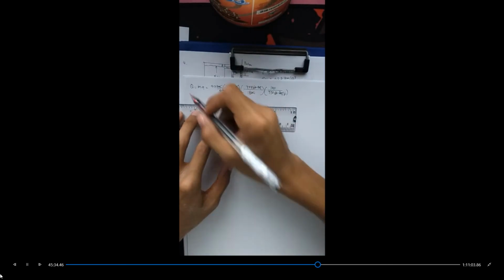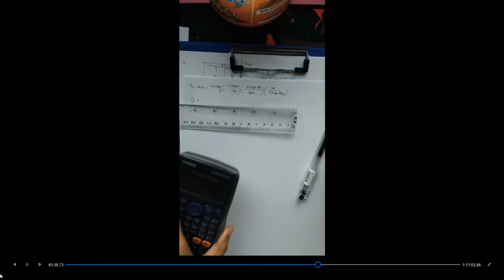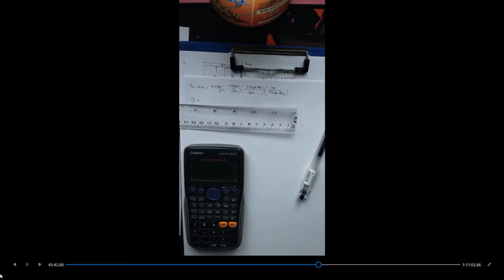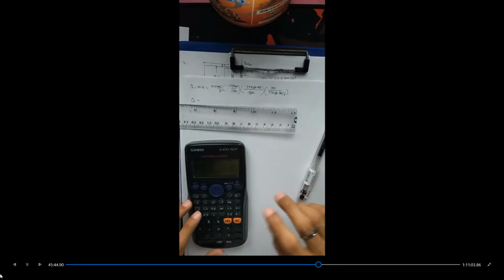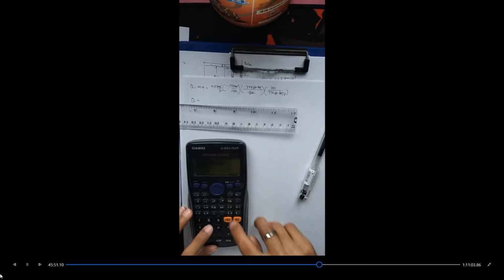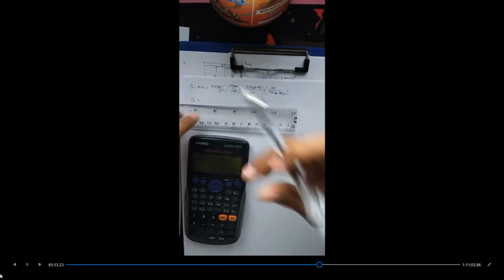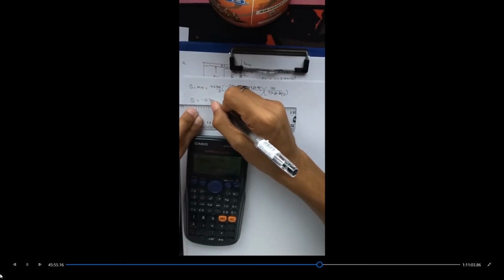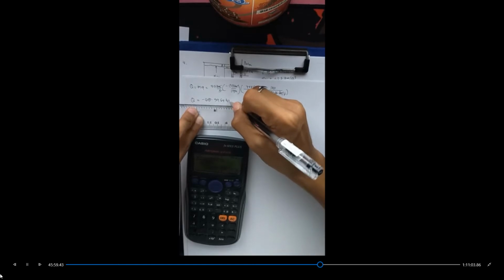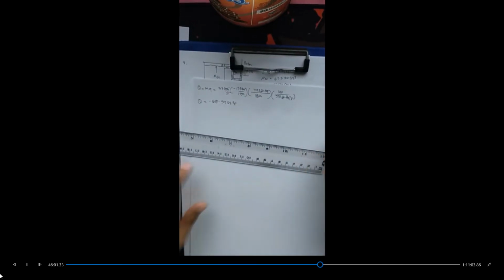Our Q is not heat added but heat rejected, because this is through cooling. So our heat rejected is 37 times negative 13 times 778 divided by 550, which is negative 680.3964 horsepower.